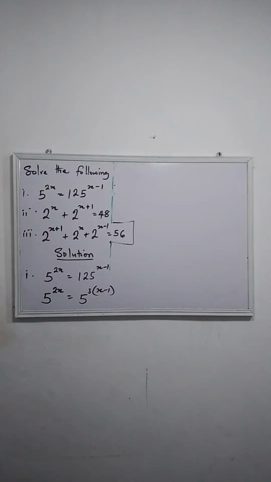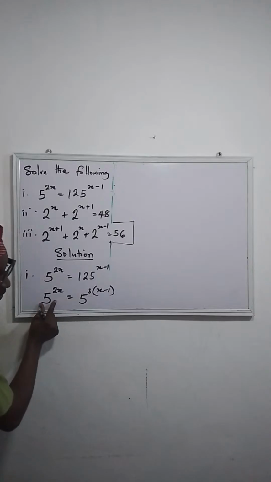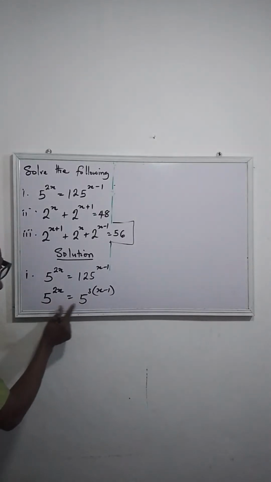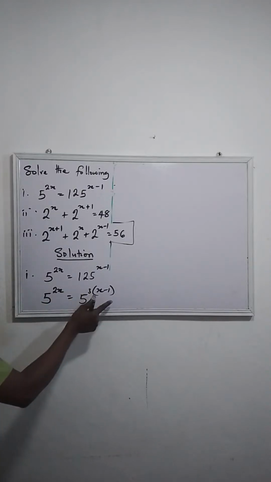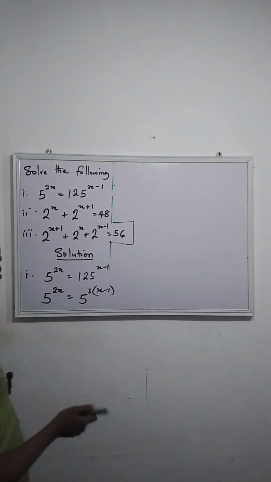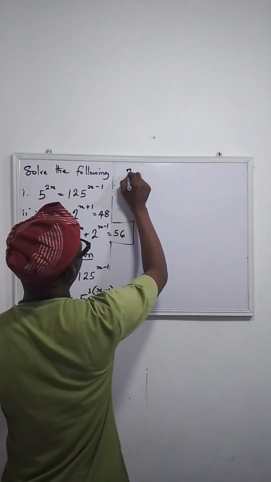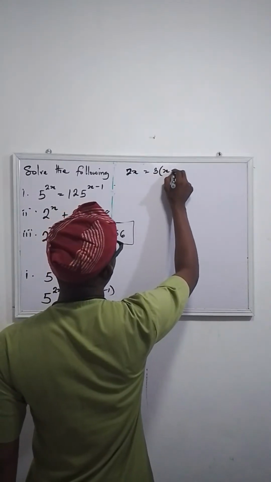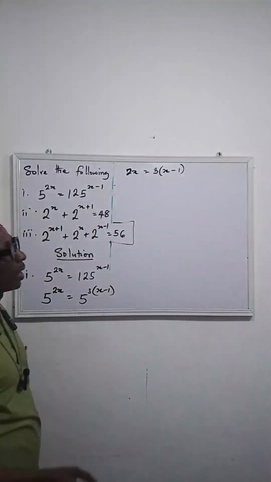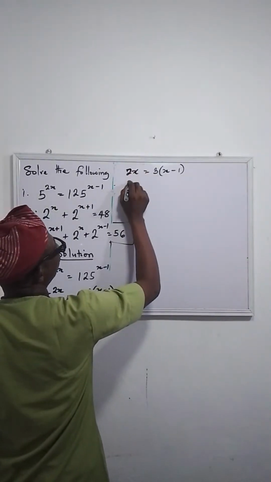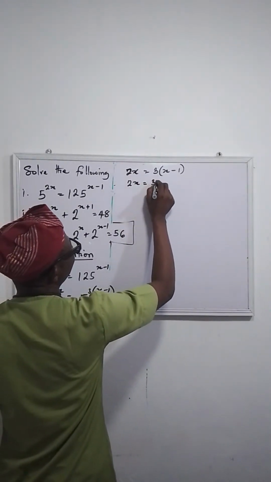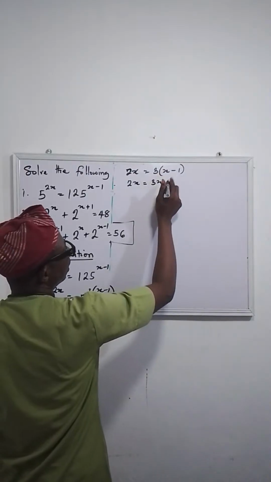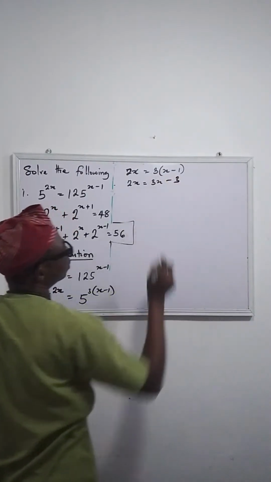Okay, so now since the bases are the same, you equate the powers. That means the powers must also be equal. So you now say 2x equals 3 times x minus 1. You open the bracket, 3 times x, 3x, minus 3.